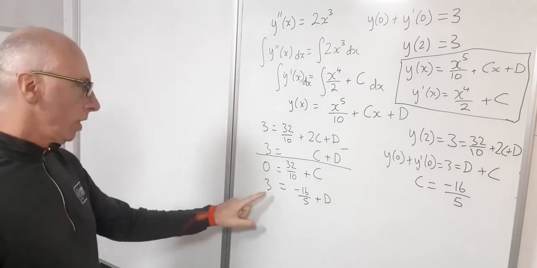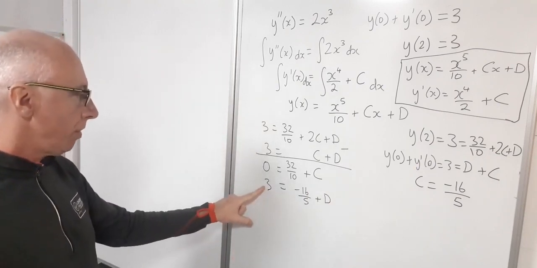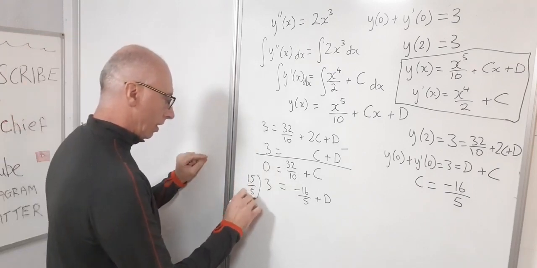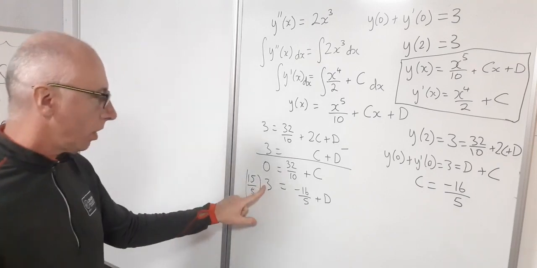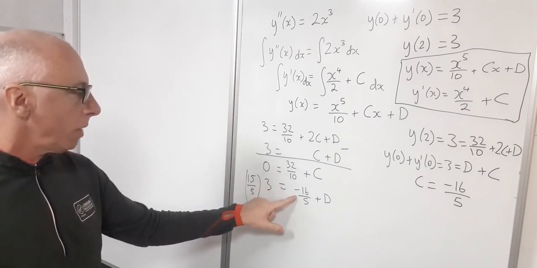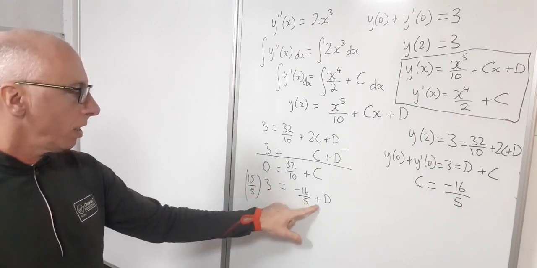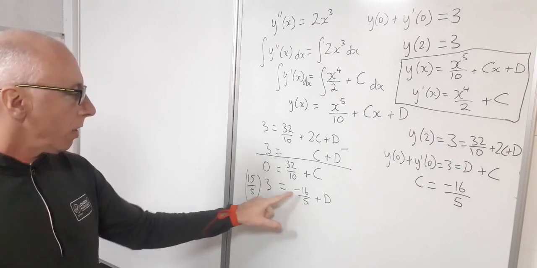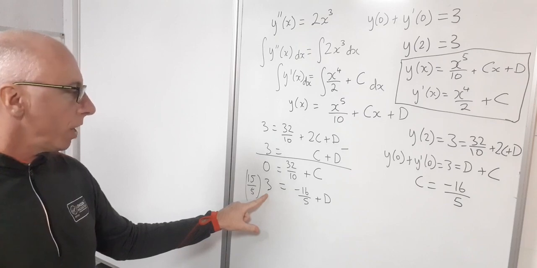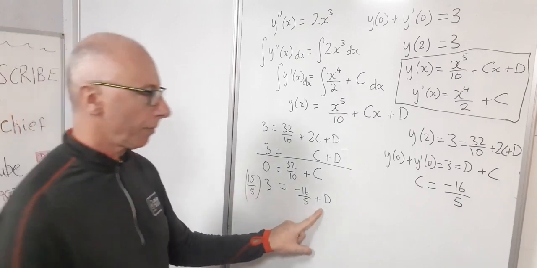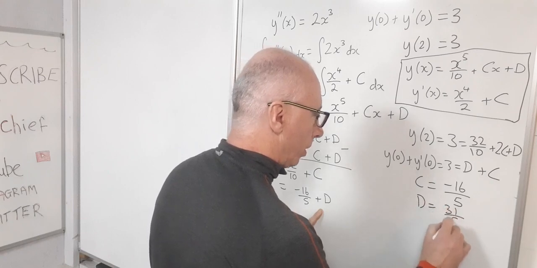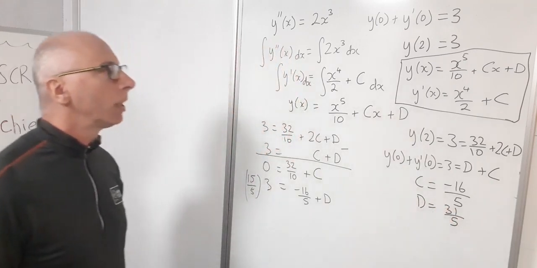Let's do this one in our heads. 3 is the same as 15 over 5, so 15 over 5 equals minus 16 over 5 plus d. Adding 16 over 5 to both sides, I get 31 over 5 as my d. So d equals 31 over 5.